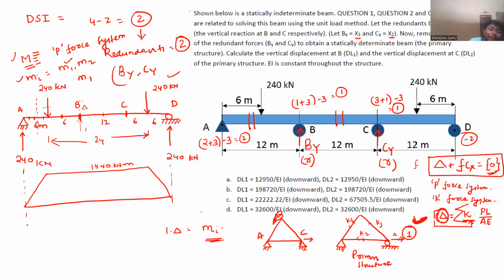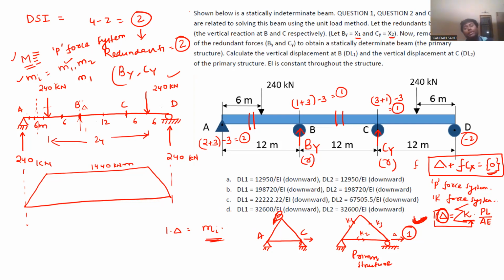Due to this m, under this 1 unit load, the beam is getting bent.